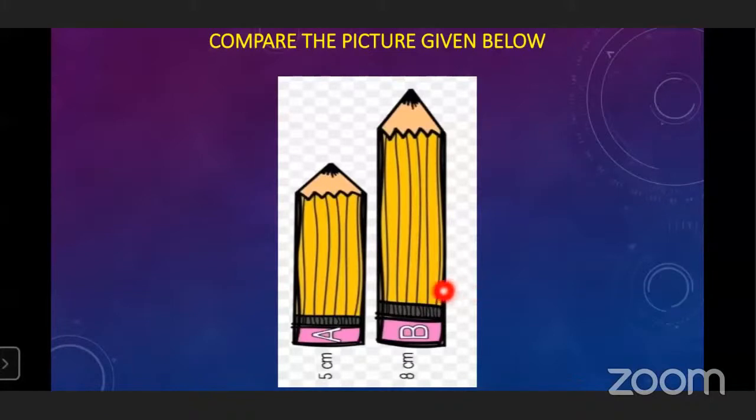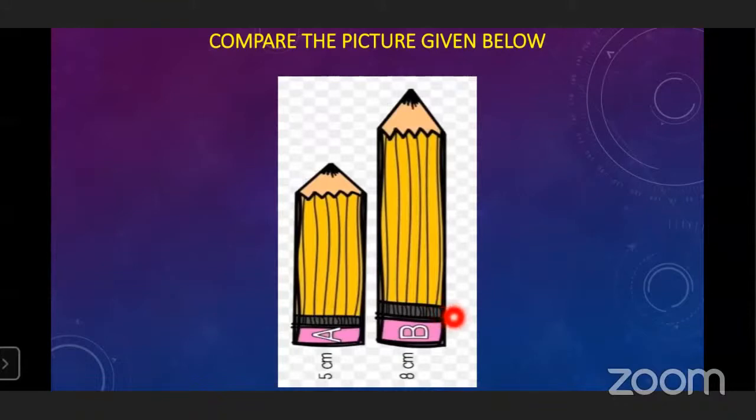Can you tell me the length of that pencil? The first one is pencil A, and the length is given, 5 centimeter. And next one is pencil B. Can you tell me the length of pencil B? 8 centimeter.